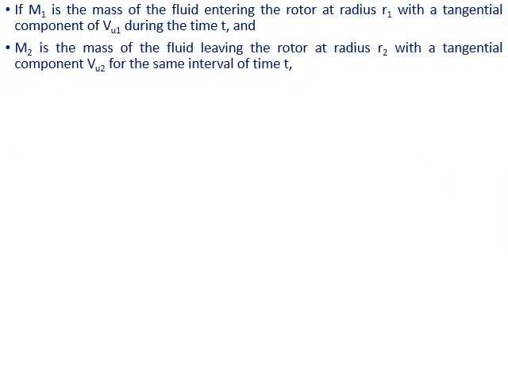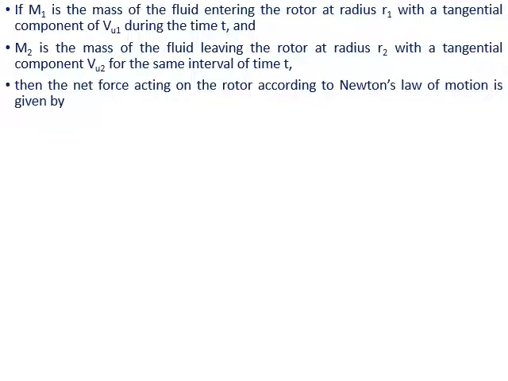Here, if m1 is the mass of fluid entering the rotor at a radius r1 with a tangential component of Vu1 during the time t. Similarly, m2 is the mass of fluid leaving the rotor at a radius r2 with a tangential component of Vu2 for the same interval of time t.